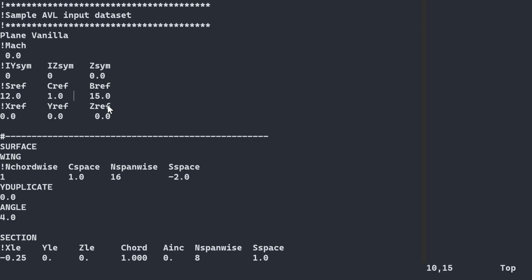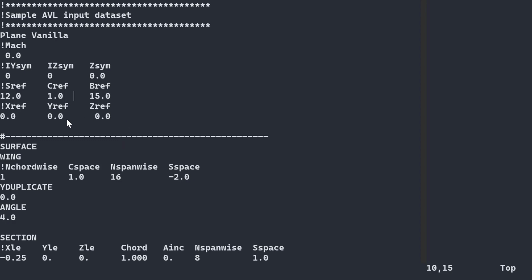And the x, y, z ref are the location around which the moments are computed. So 0, 0, 0 means it's just around the origin. But usually, if you want proper stability analysis, you want these to be at the center of gravity of the airplane, so that you are computing the aerodynamic moments around the center of gravity.